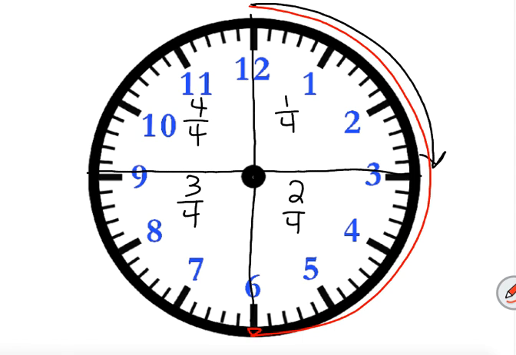And same thing for 3/4 and 4/4, obviously, is around the whole entire clock. And this is important because this helps us with turns. And if you understand at which point that we're stopping, so I will show you turns on a clock in the following slide.